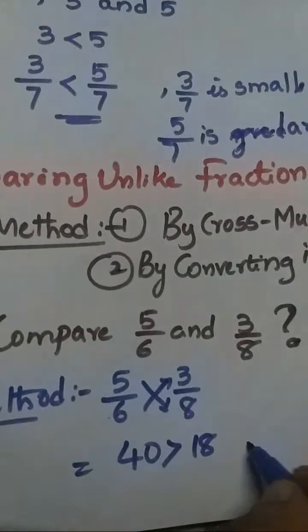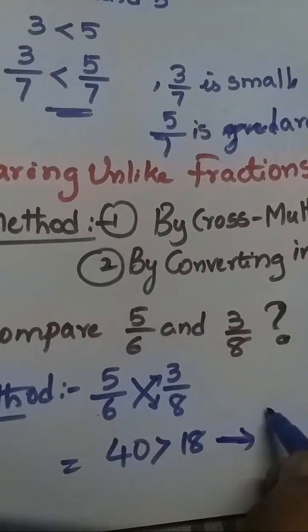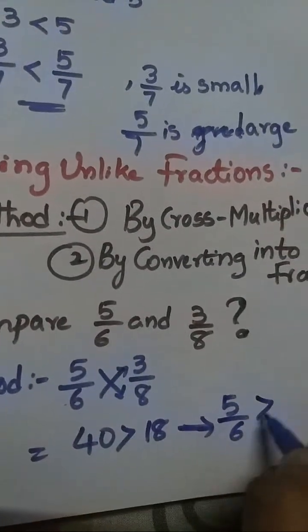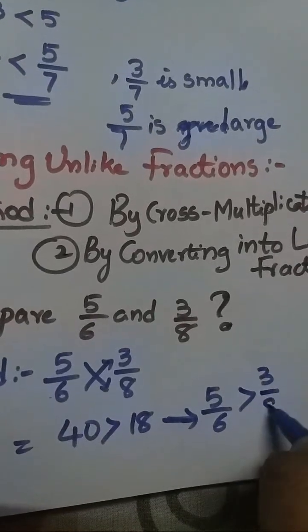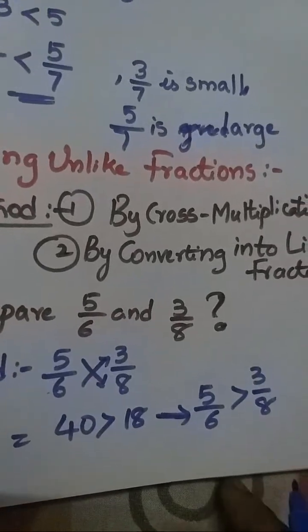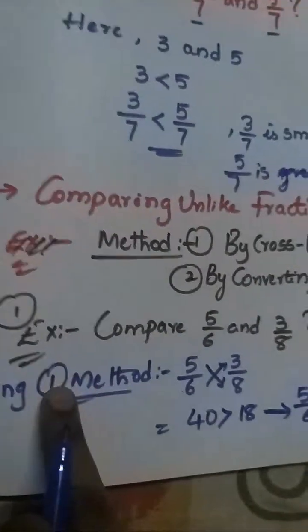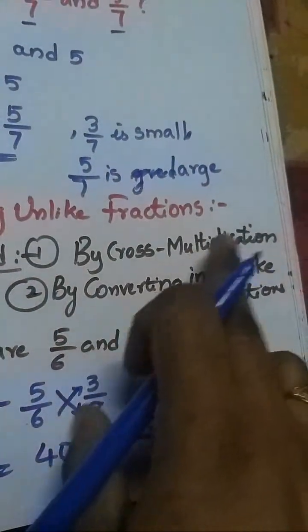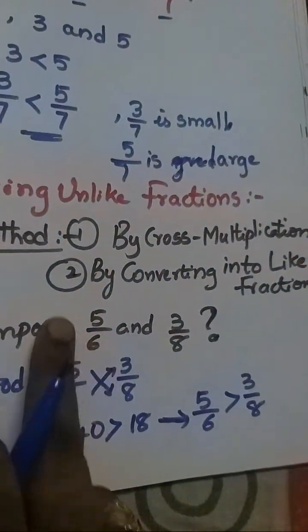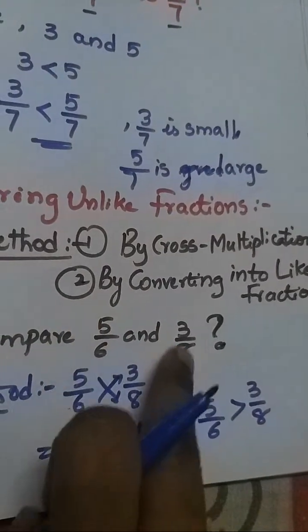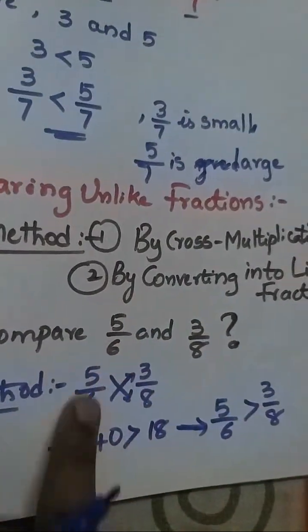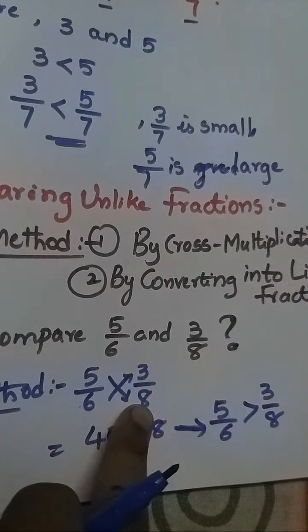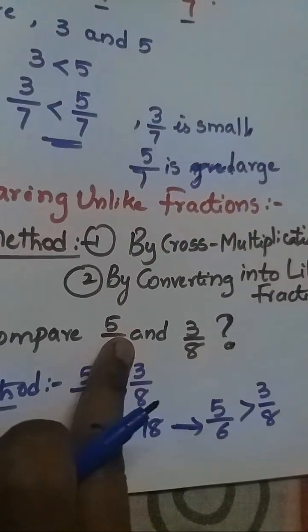This means 5 by 6 is greater than 3 by 8. Like this we compare using the first method, the cross multiplication method. Multiply numerator by the other denominator, cross-wise.